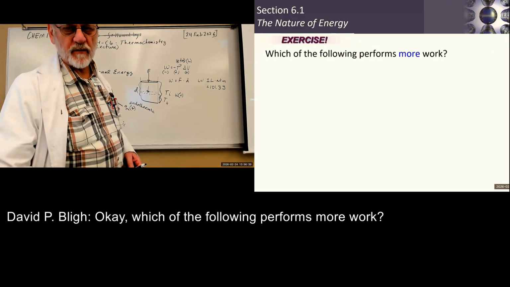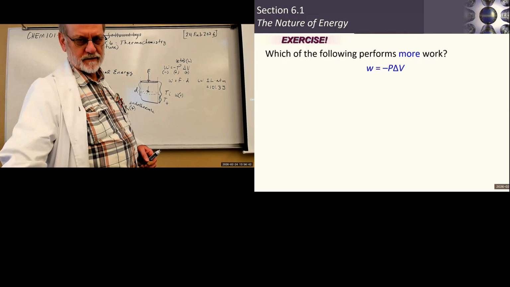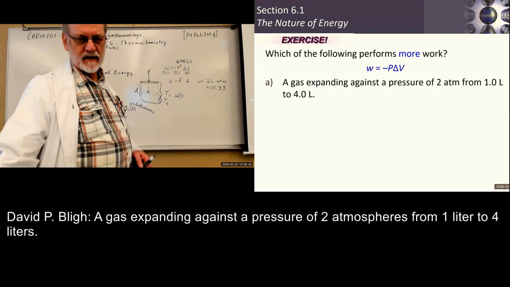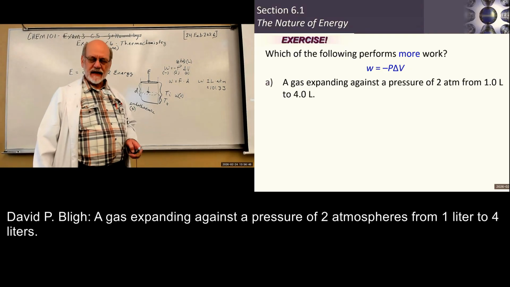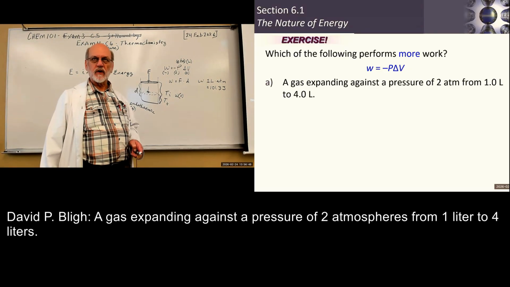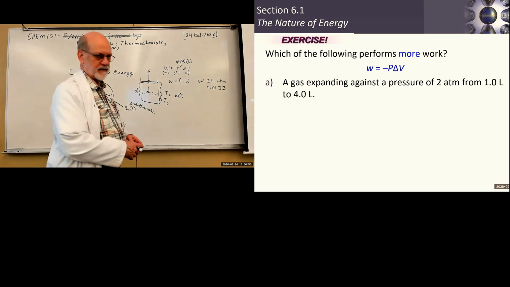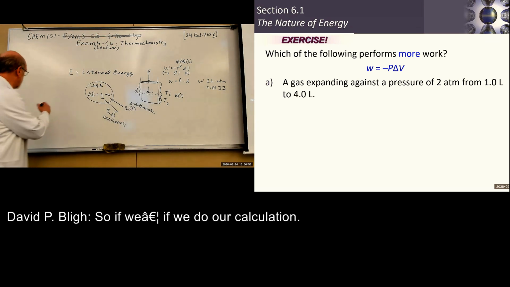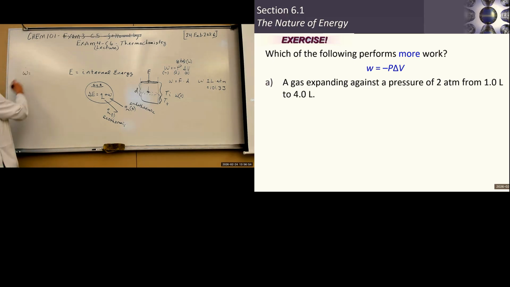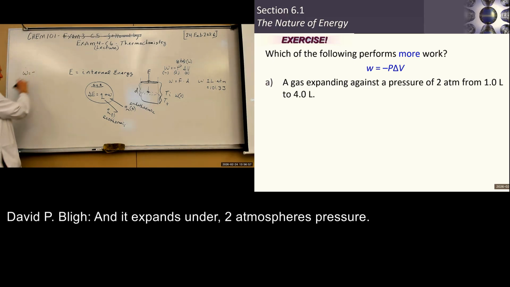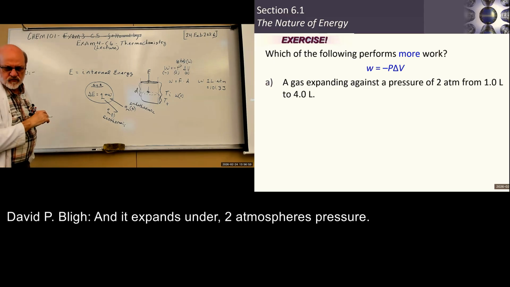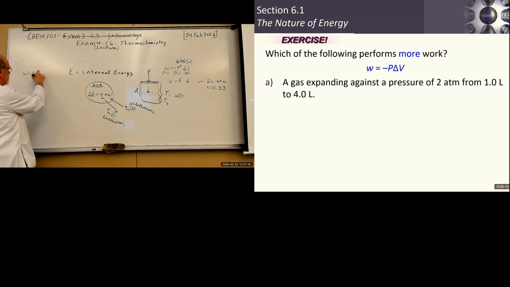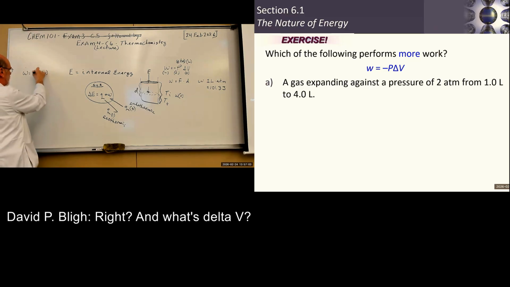Okay, which of the following performs more work? A gas expanding against a pressure of 2 atmospheres from 1 liter to 4 liters. So if we do our calculation, it expands under 2 atmospheres pressure, right?